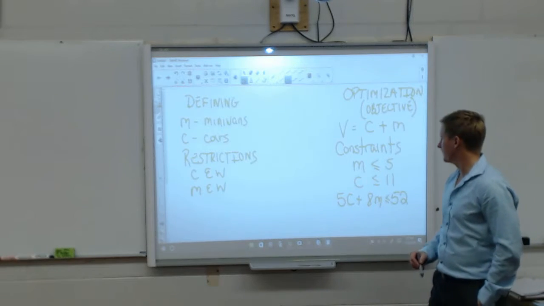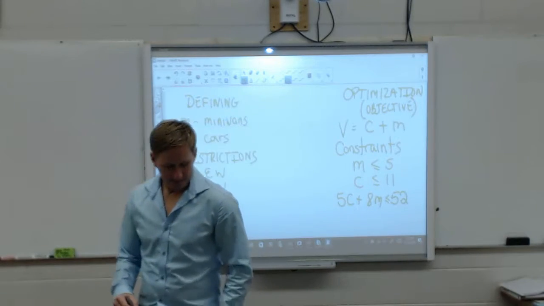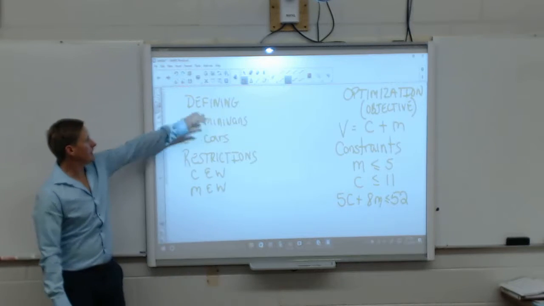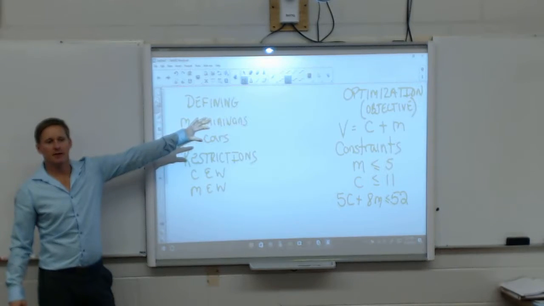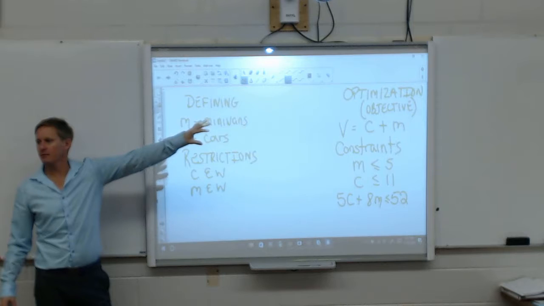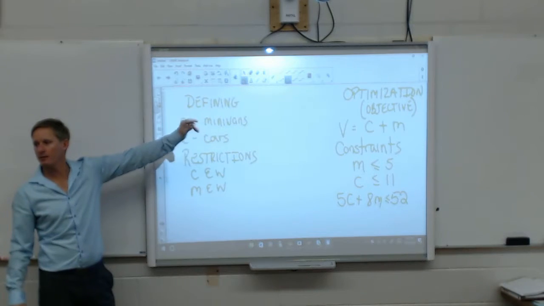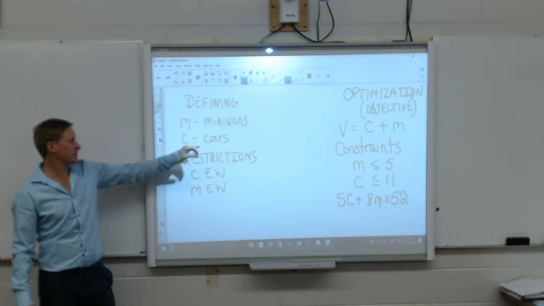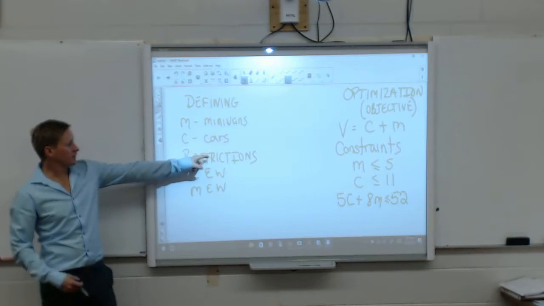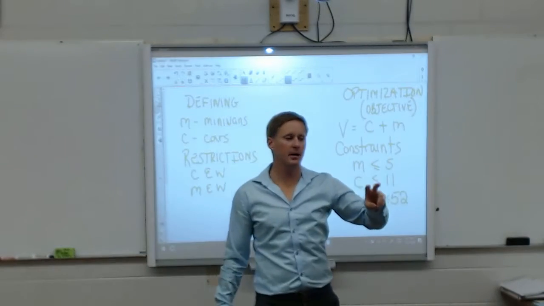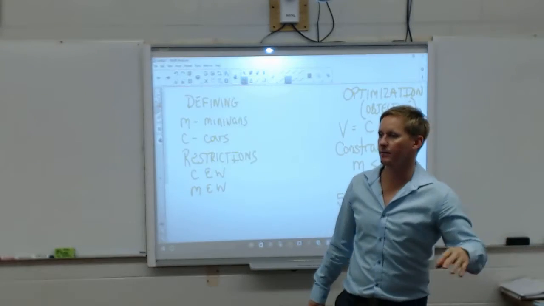All right? No more information is needed here. Okay? My defining statement explains to the person reading this, not reading the word problem, what each axis is going to look like. Minivans, cars. The restrictions tell you whether you can have whole numbers, real numbers, integers, natural numbers, whatever it is.